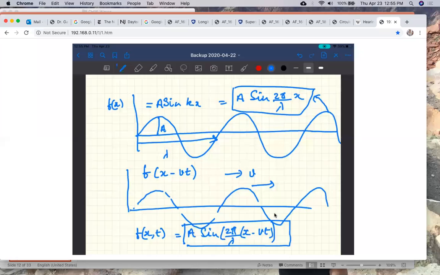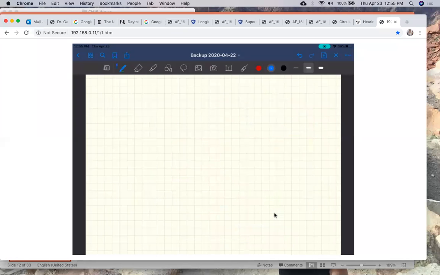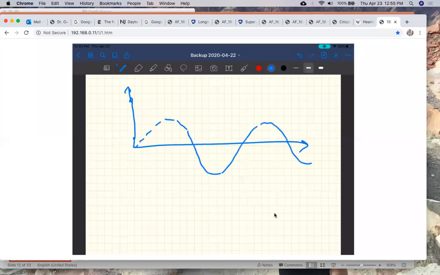Okay, so let me clear that, write it even slightly more clearly. Okay. So here's this wave. There's the amplitude. This is x. So y(x, t).